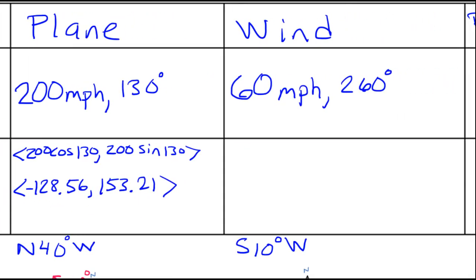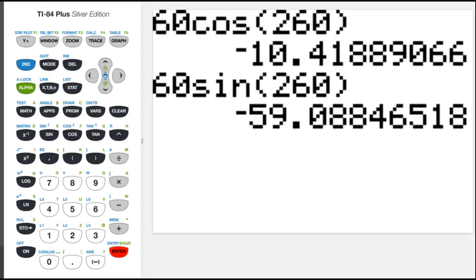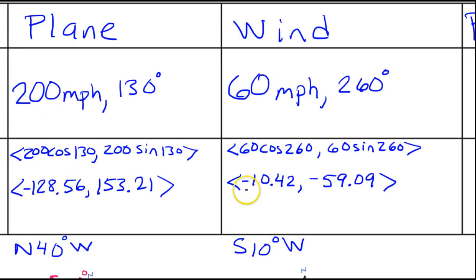And of course we will do the same thing with the wind. R cosine theta is 60 cosine 260 and r sine theta is 60 sine 260. Calculator. So the horizontal component is negative 10.42 and the vertical component is negative 59.09. And we record that on the chart right here.